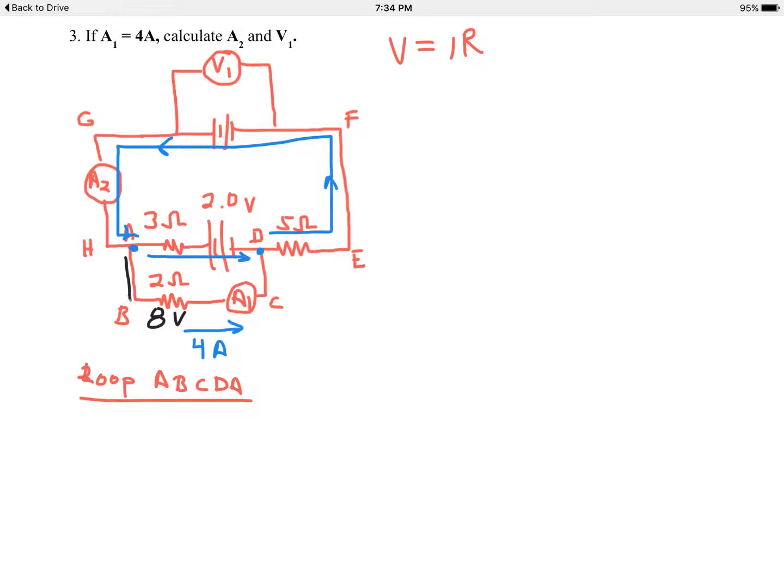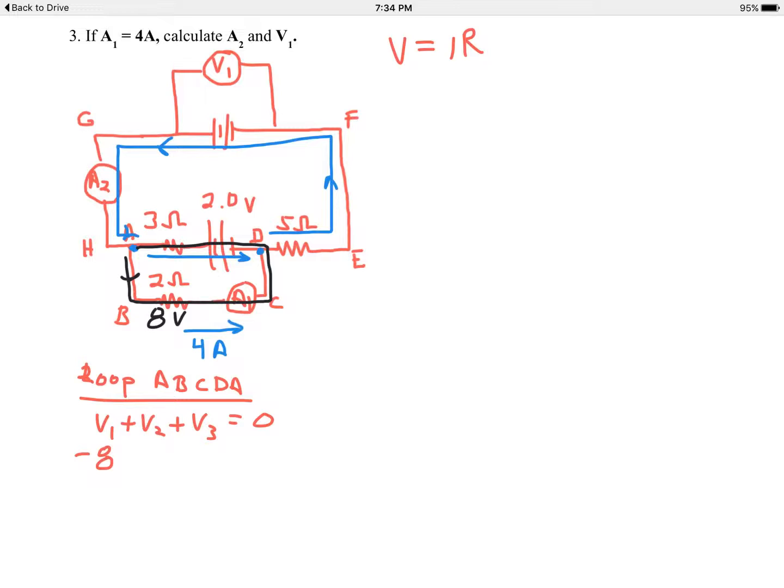If I go from A to B to C to D to A in that black path that I just drew, it's counterclockwise, there are 3 elements, essentially V1 plus V2 plus V3 has to equal 0. Well, V1, if I'm going from A to B to C, V1 is the 8 volts, technically negative 8 volts for that resistor because I'm going with the flow of the current that I know was given to me as to the right for that 4 amps.